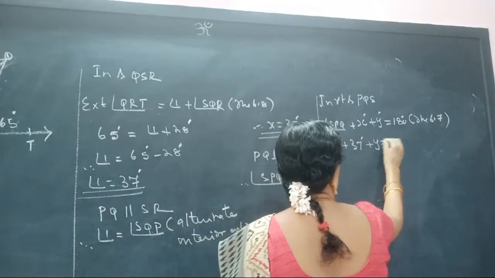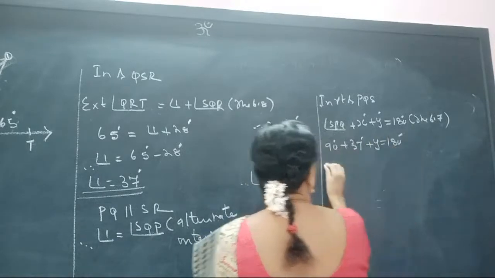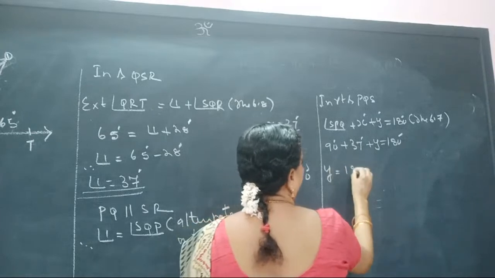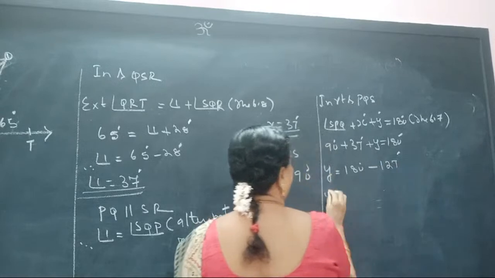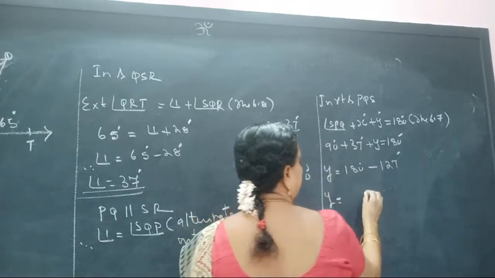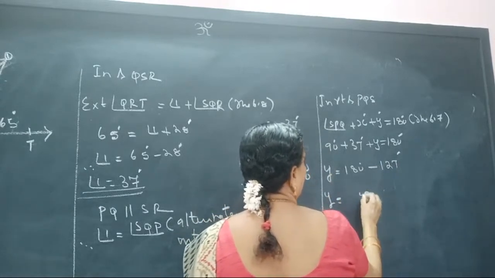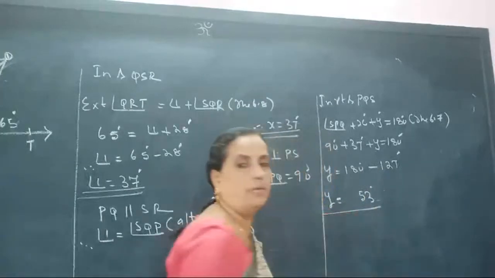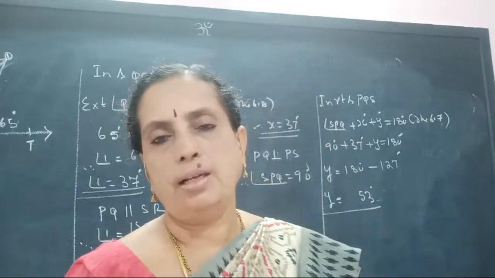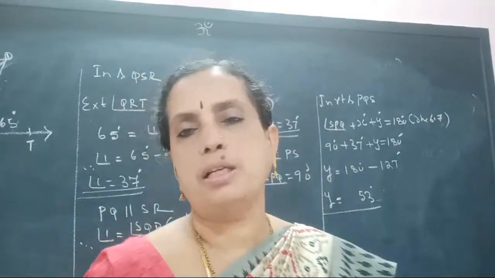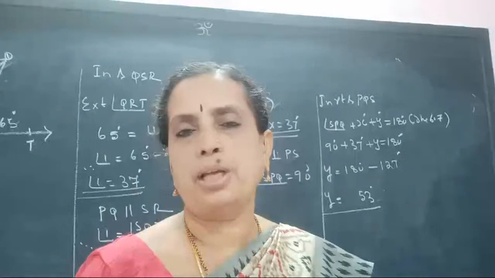Find out Y. What is the measure of angle Y? 180 degree minus 127 degree. 10 minus 7, 7 minus 2. It is 53 degree. Very good. Is it clear? I am not going very fast because geometry is somewhat of a dry subject.